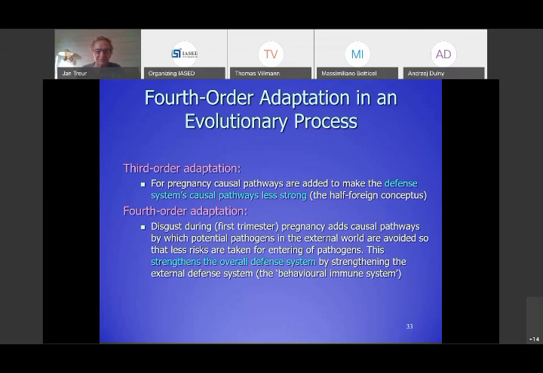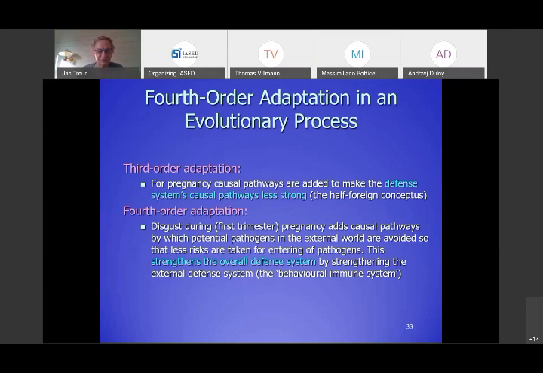So therefore, evolution invented the idea of disgust, so that you find many things disgusting when you're pregnant in the first 3 months. So you avoid many things that are not very normal, in the sense that they may have risks in them.